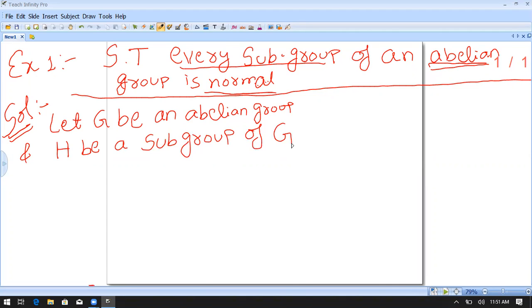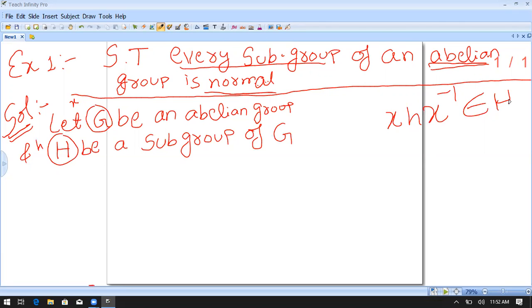So in this question we have to take x belongs to G and h belongs to H, and we have to find that x h x inverse belongs to H. Then H is a subgroup and it is a normal subgroup.